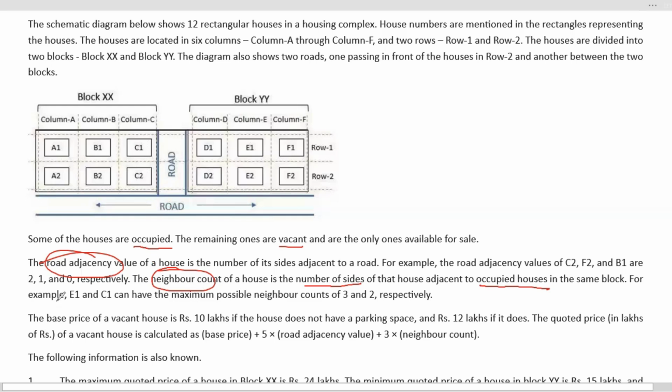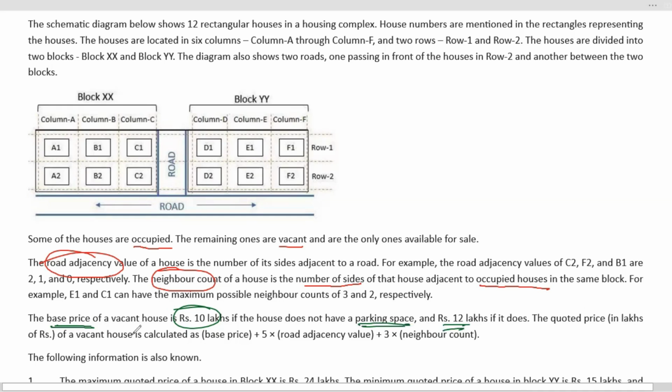It is important for the price. What is the particular information about this price? The base price of a vacant house is rupees 10 lakh if the house does not have a parking space. Otherwise, it would be 12 lakh. These are the two pieces of information.